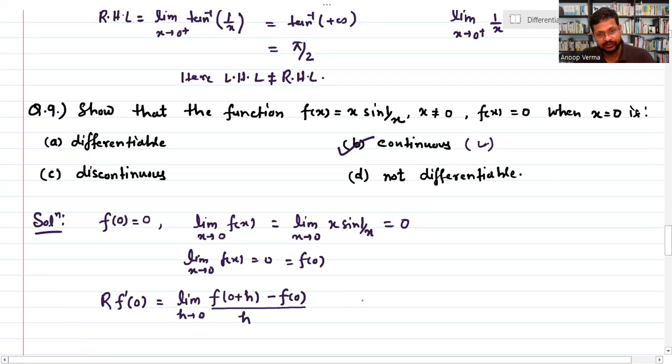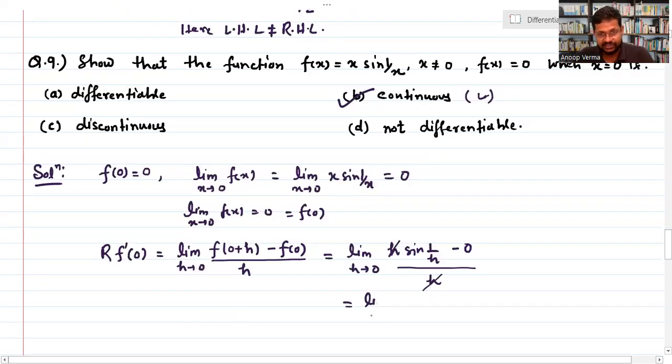So f(0 plus h) means f(h), so we have h sine of 1 upon h minus 0 divided by h. From here you can cancel h, and you will get limit when h tending to 0 of sine 1 upon h, and this limit does not exist. So the right hand derivative does not exist.